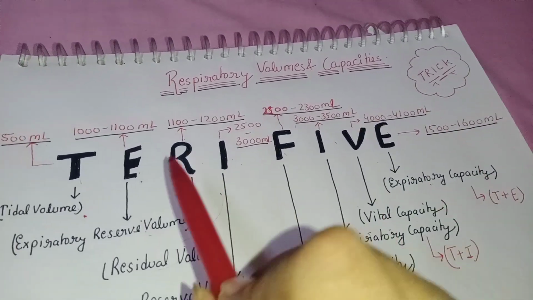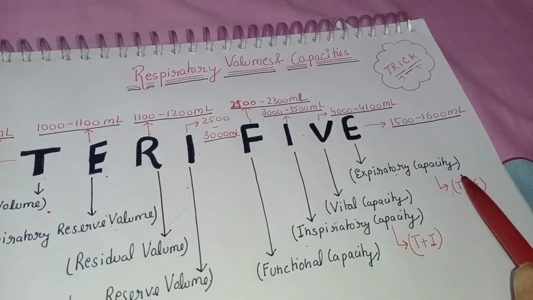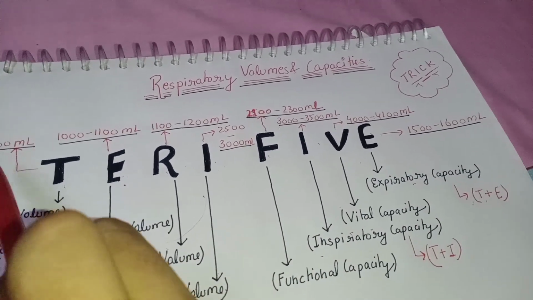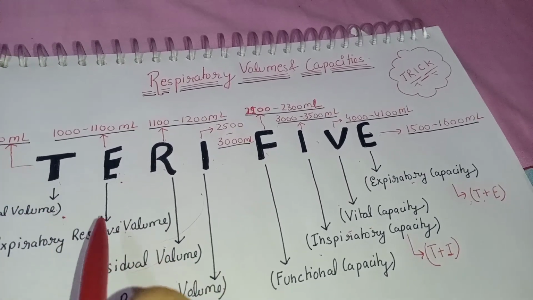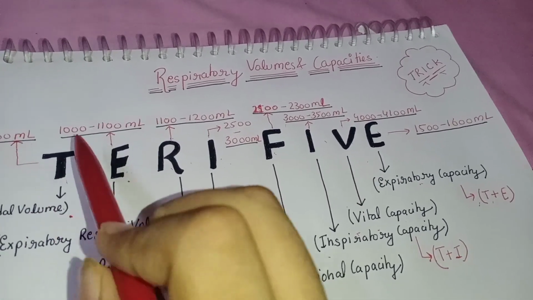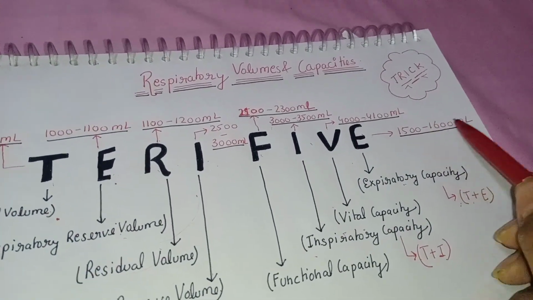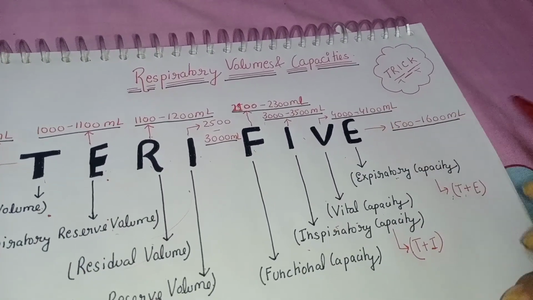You can also check by the addition of these two. Suppose you combine tidal volume, around 500 ml, and expiratory reserve volume, around 1000 to 1100 ml, you will simply get a range of 1500 to 1600 ml.